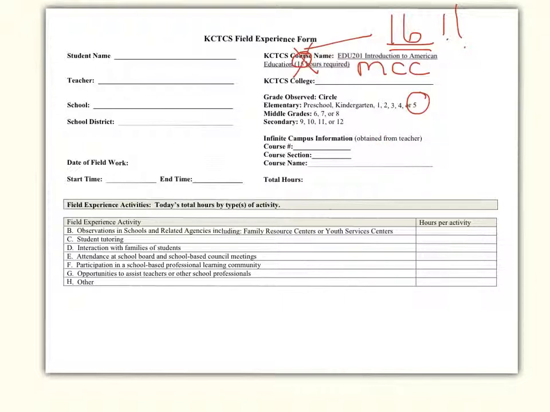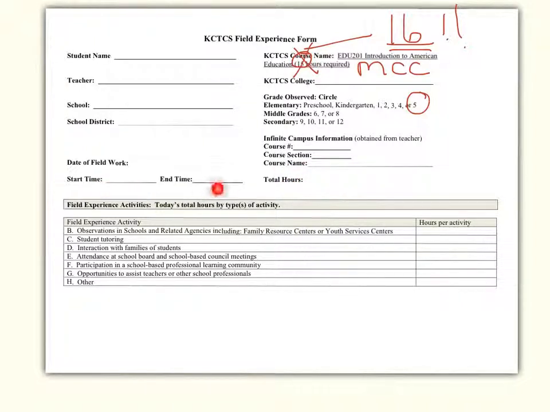It's automatically in the state database, and many of them never have to access it, so they will appreciate you having that screenshot. It will give you the course number, section, and official course name once they access that section in Infinite Campus.